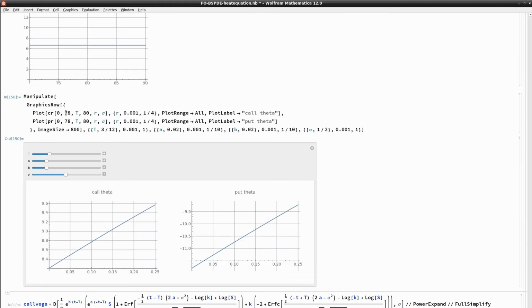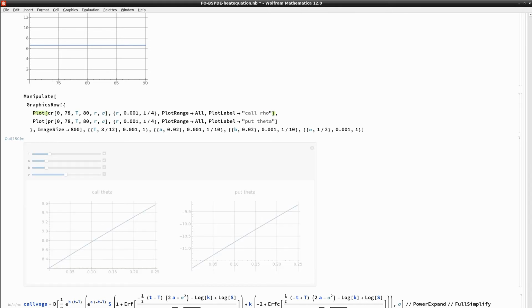Okay, so let's plot them, and here we have the call rho and the put rho together. I think I have this wrong here. This must be call rho, and this must be put rho.